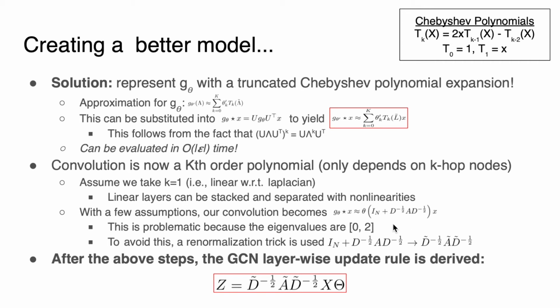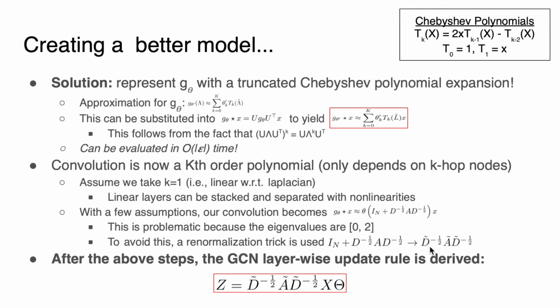So to avoid this issue with our eigenvalues, they introduce a reparameterization trick as follows, where we take this sum of the identity and the product of degree and adjacency matrices and replace it with our augmented adjacency matrix, where we take the adjacency matrix plus the identity matrix and then multiply this by the diagonal matrices to form the product seen here.